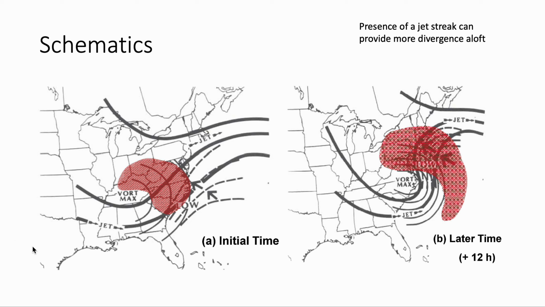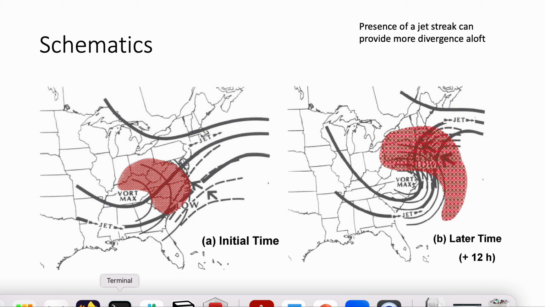And this is an example, just a simple schematic of this mechanism. This is sometimes known as the Sutcliffe-Petterssen self-development. Okay, we can see we have some temperature advection, boundary layer heat and moisture fluxes, and latent heat release.